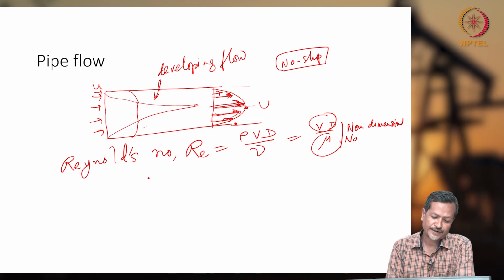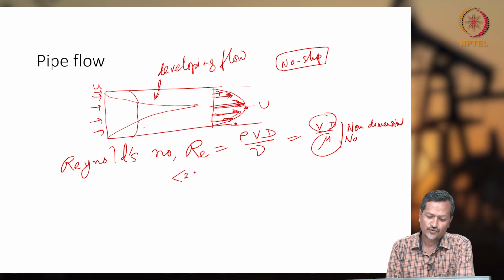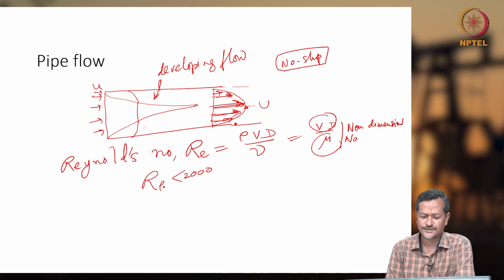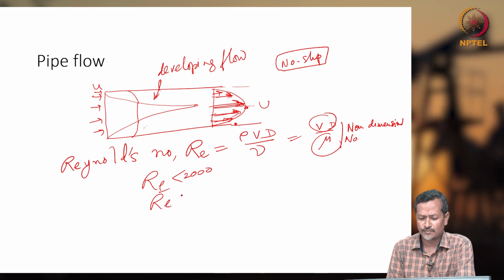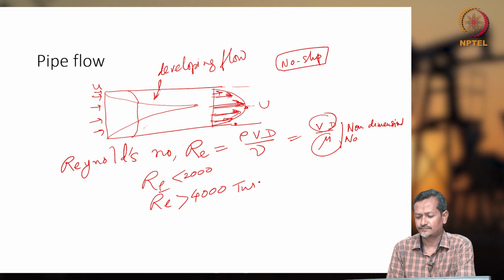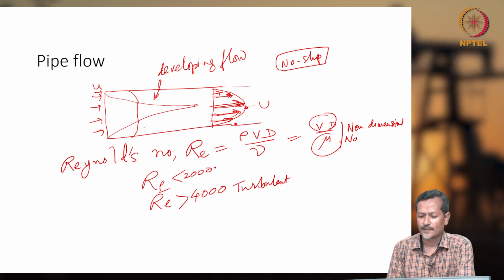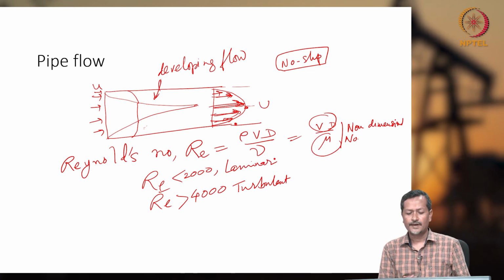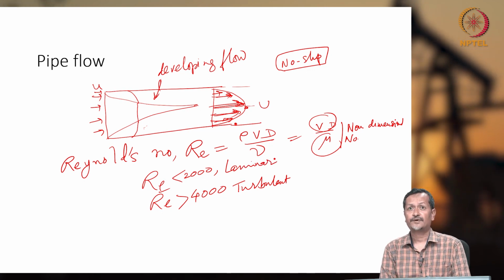Now when the flow is laminar, normally Re will be less than 2000, and Re more than 4000 we will call turbulent flow. This is valid for pipe flow only.